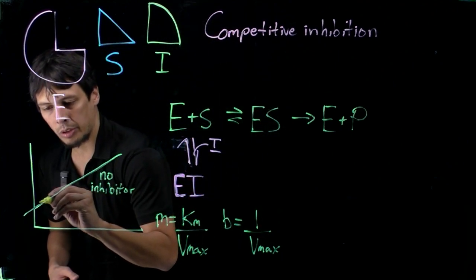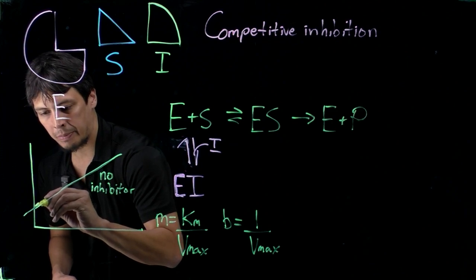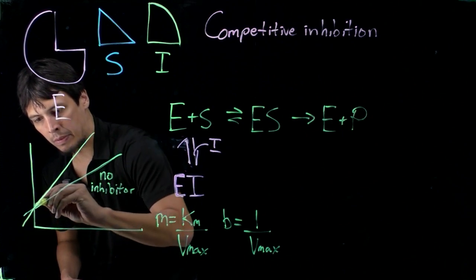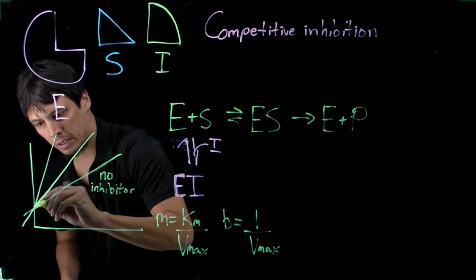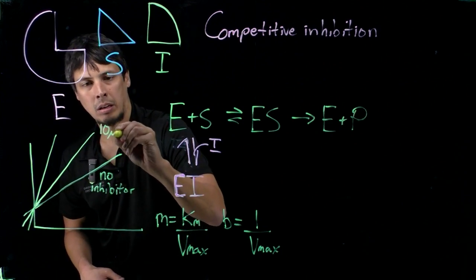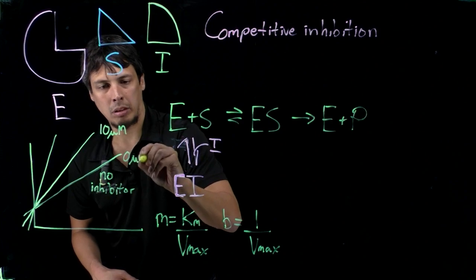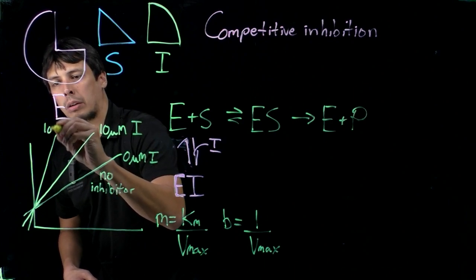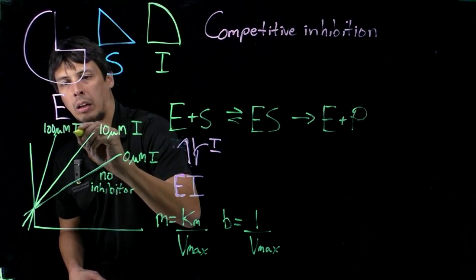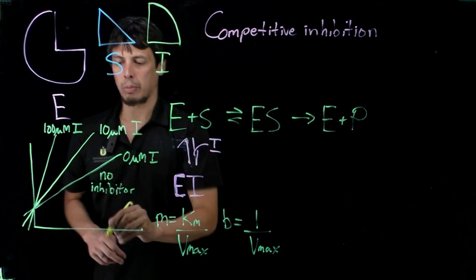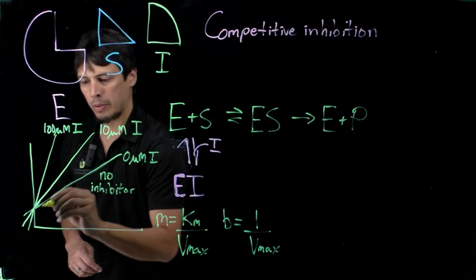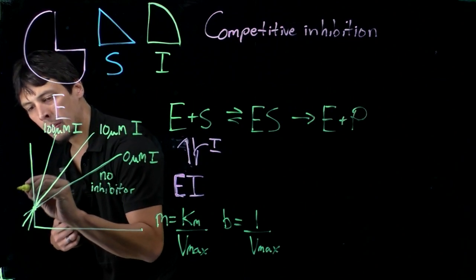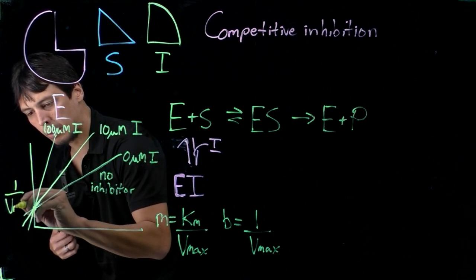And so what you would expect is as inhibitor concentration goes up, let's say 0 micromolar inhibitor, 10 micromolar inhibitor, and 100 micromolar inhibitor, what would happen in your Lineweaver-Burk plot is these would all converge at a single y-intercept, which again is 1 over Vmax.